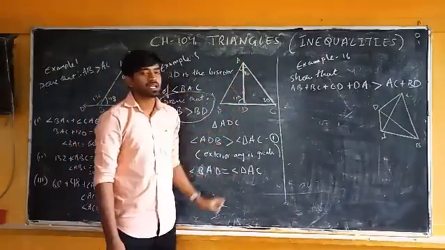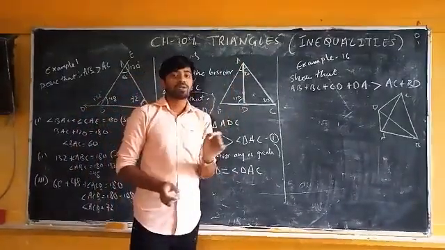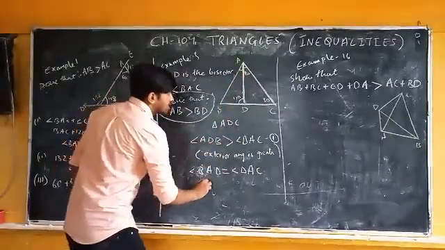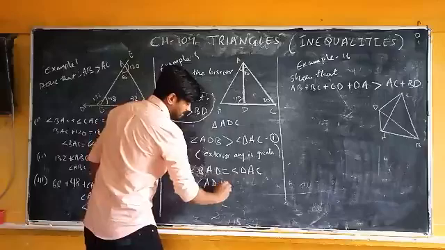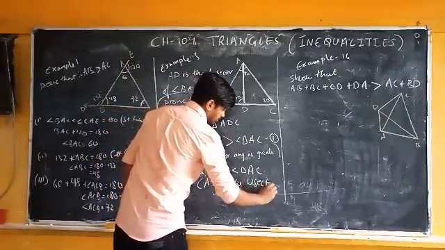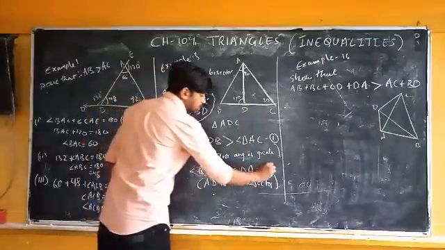This angle equals this angle. Do you guys agree? The very first point I have told you guys is that this angle equals this angle. What is the reason? Reason is because AD is the bisector. Okay. So this is equation 2.